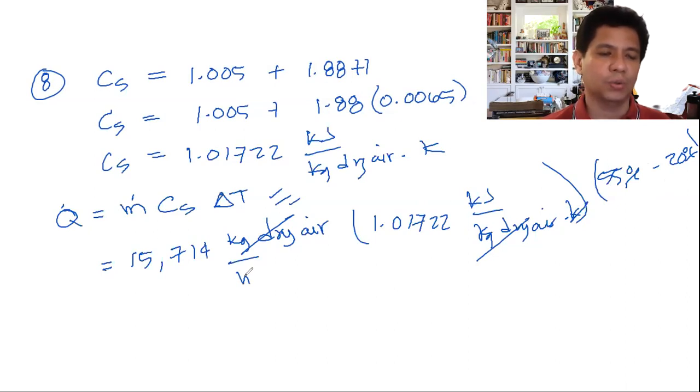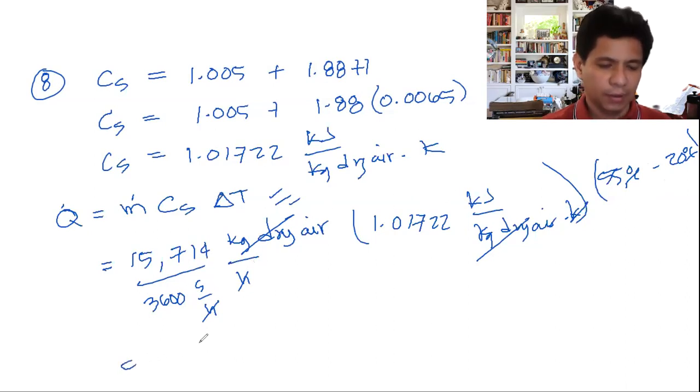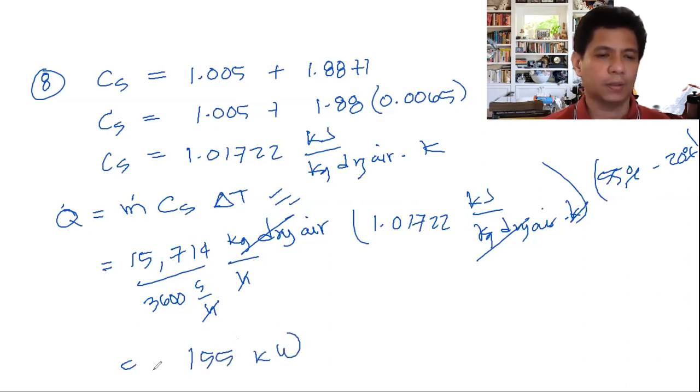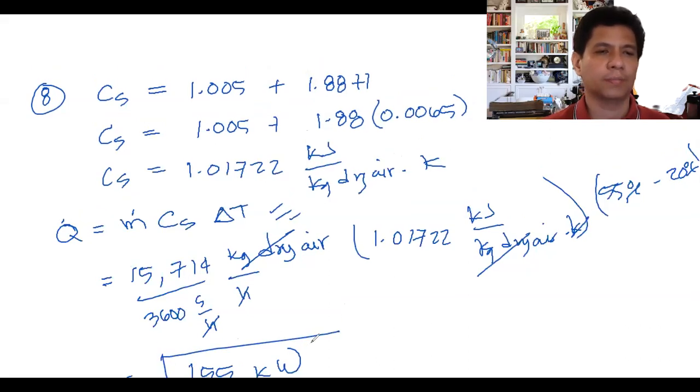So we need to convert the hour to seconds, simply by dividing this by 3,600 seconds per hour. So it becomes kilowatts, since it's kilojoules per second. You're supposed to get 155 kilowatts.